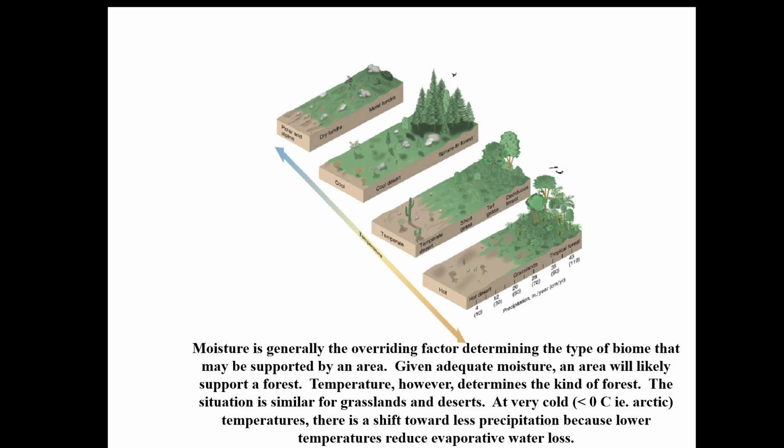But the first thing I want to go over, not only with biomes but biotic communities, is there are 2 principal factors that control what plants go where. The first is precipitation, and the second is temperature. For example, you have the saguaro here.